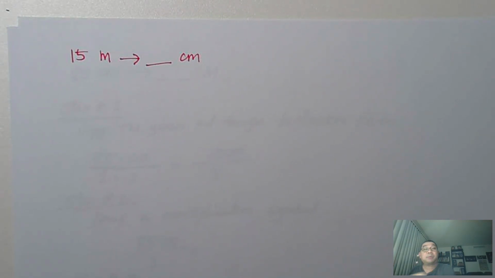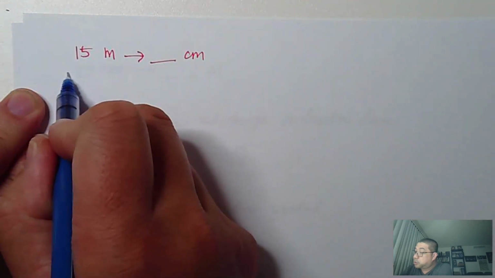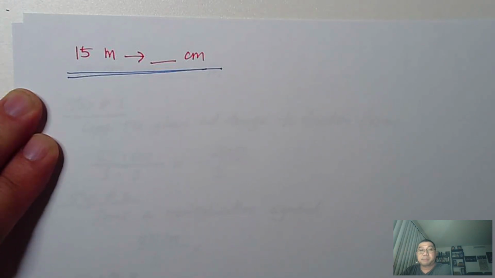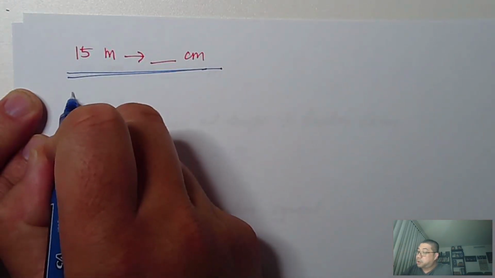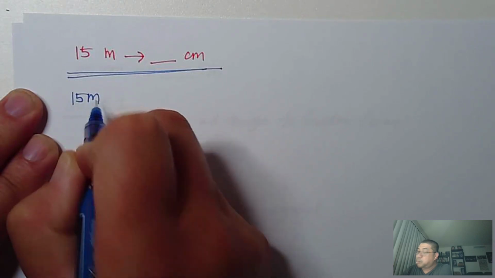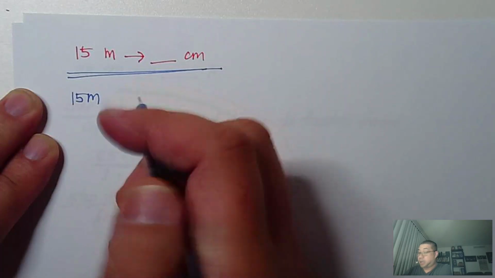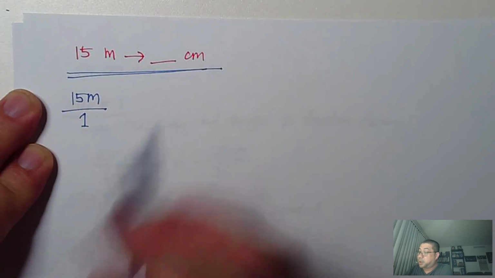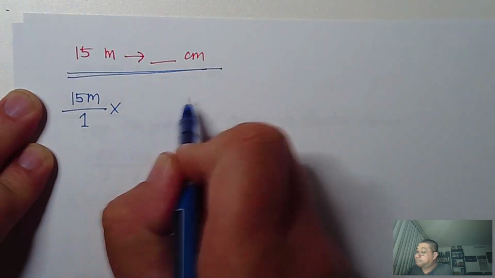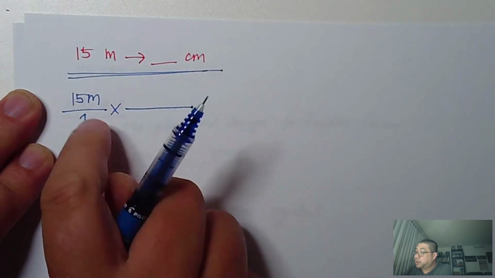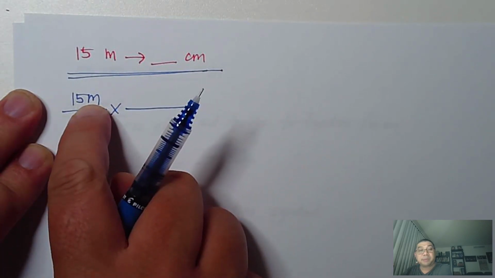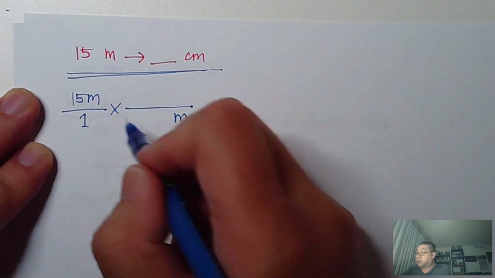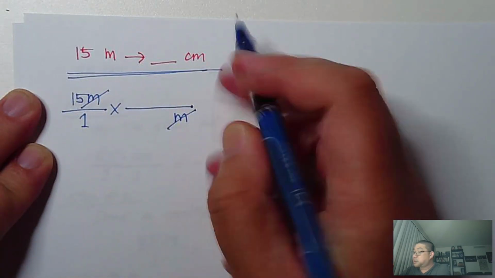We don't have to write the procedures, let's just follow the steps. Step number 1: copy down the given and change it to a fraction by dividing it by 1. Times a fraction line, and where can we find the meters? It's on top, so on our line we should place it on the bottom. That cancels out our meters.